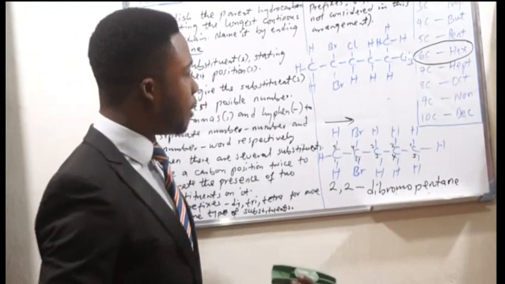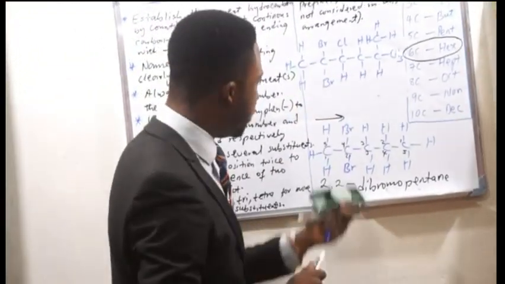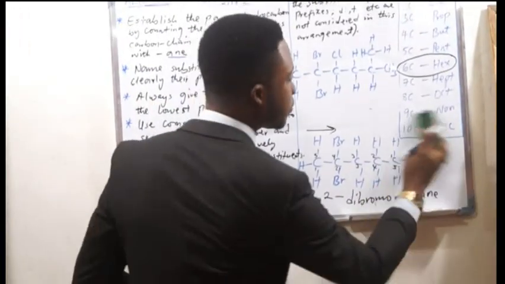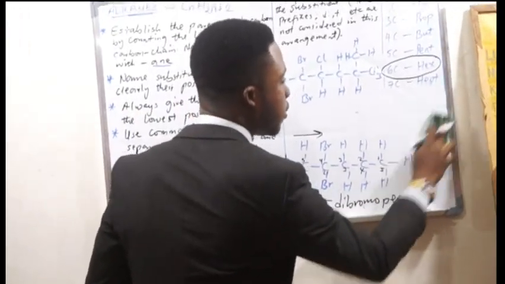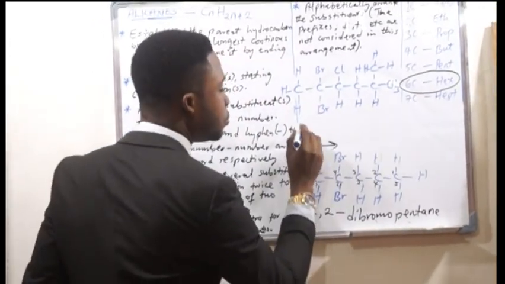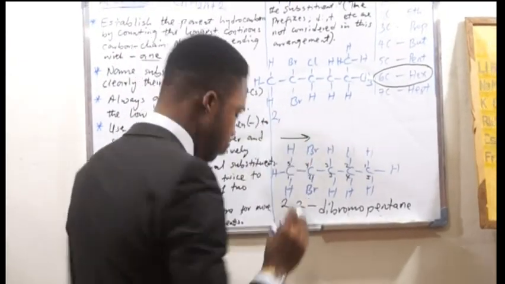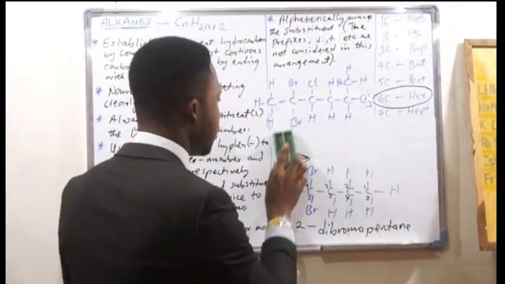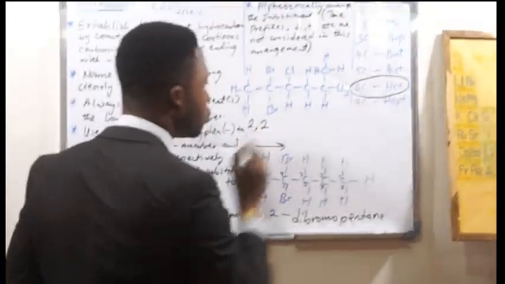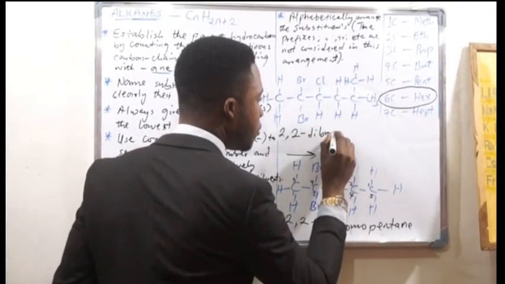So the name therefore implies at carbon 2 we have 2 substituents of bromine. 2, 2, there are 2 of it, dibromo.